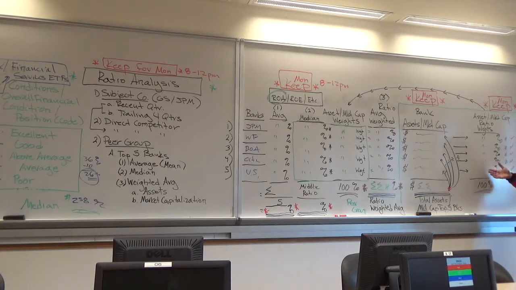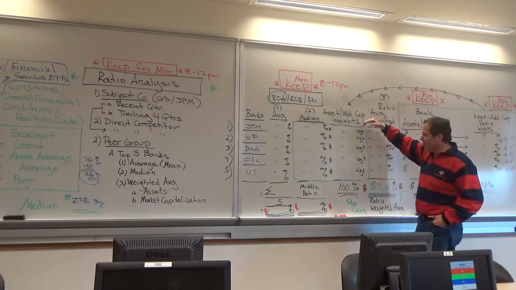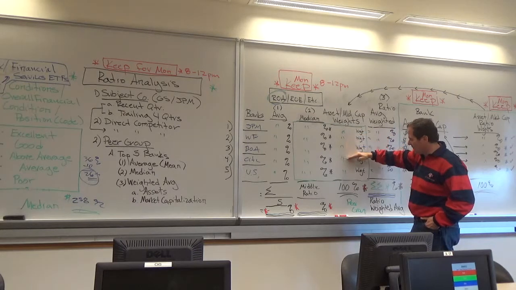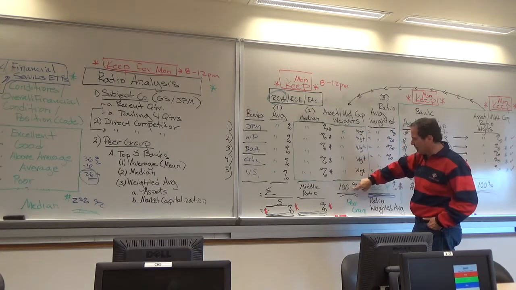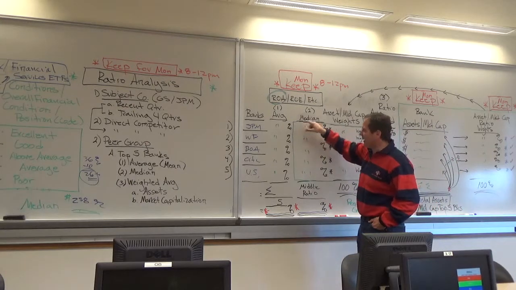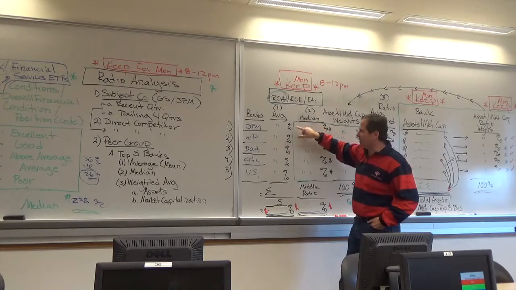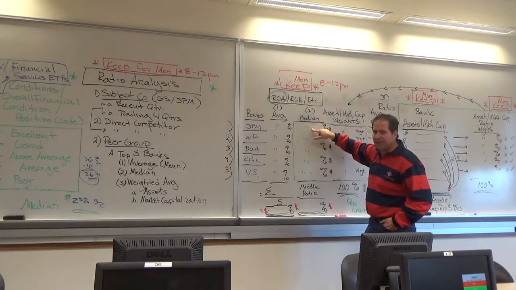Once you get the corresponding weights, you bring them over here and put in the weights. Again, remember they have to add up to 100. Now I have the average or the median return on assets for JP Morgan, and I want to use the median over here.